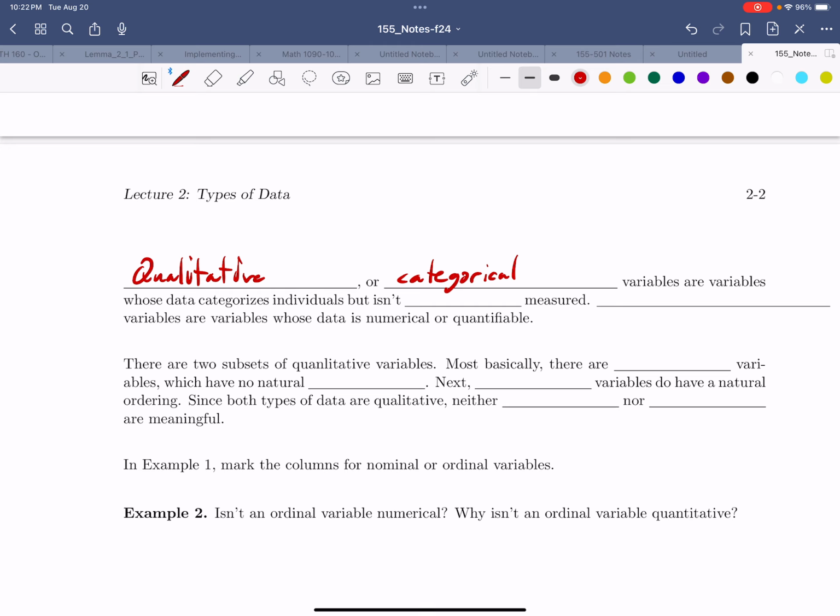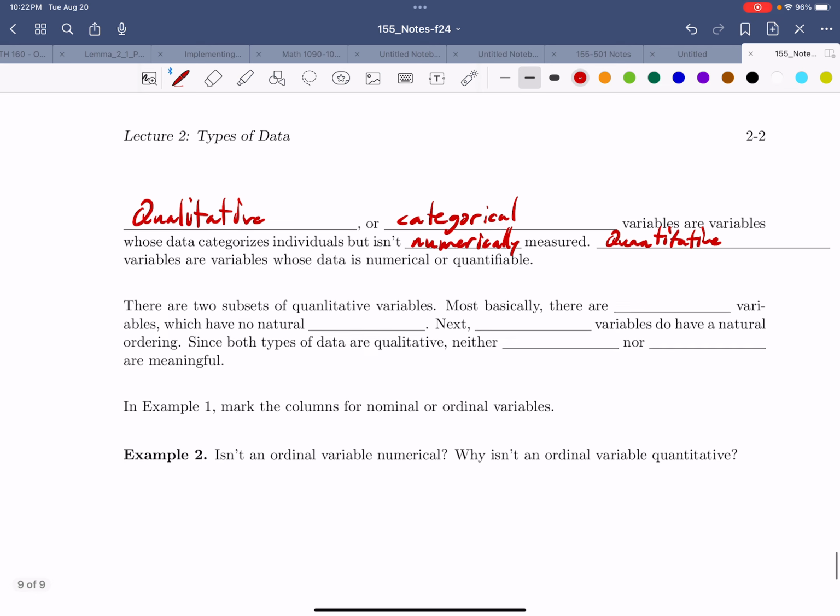These are variables whose data categorize individuals but isn't numerically measured, as opposed to quantitative variables that are numeric, right? Two types of qualitative variables: you have nominal and ordinal.